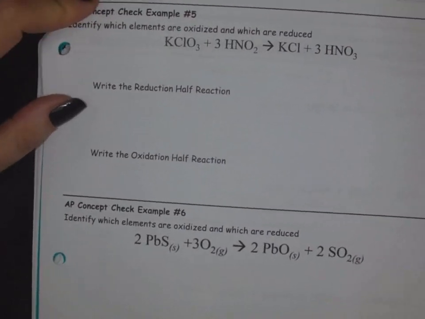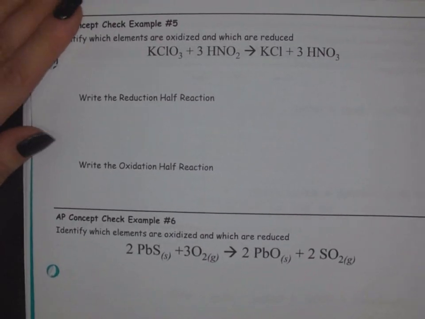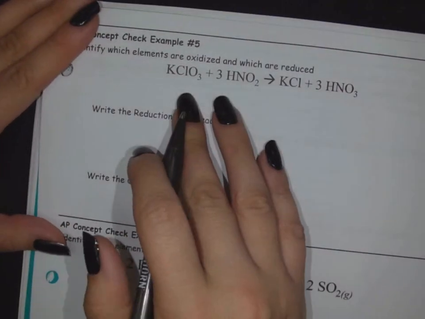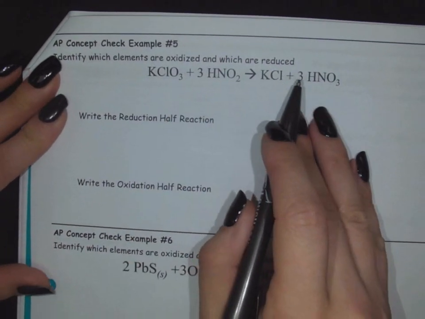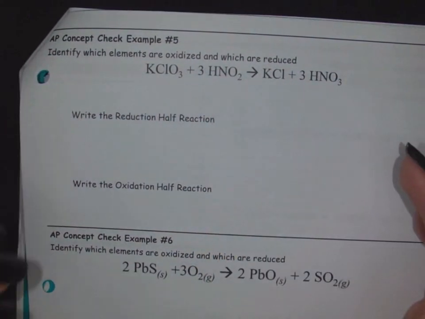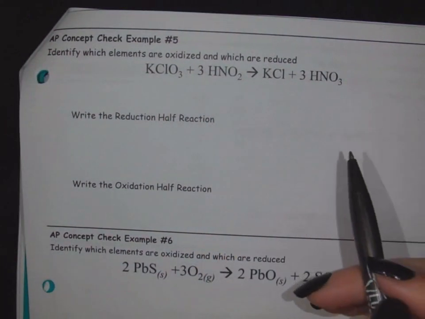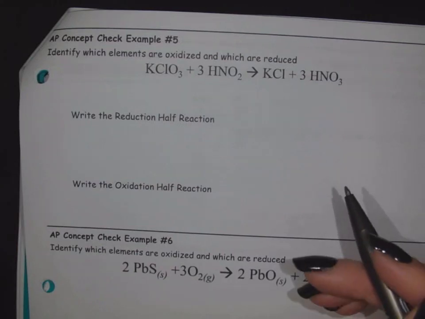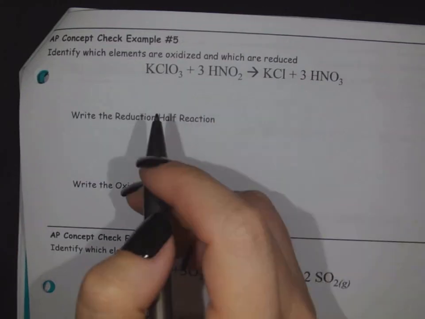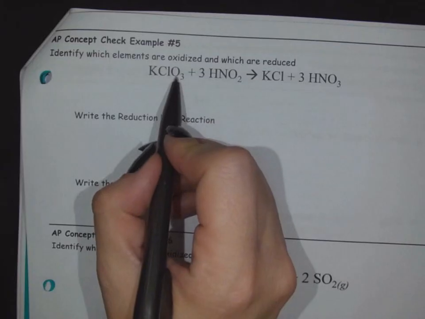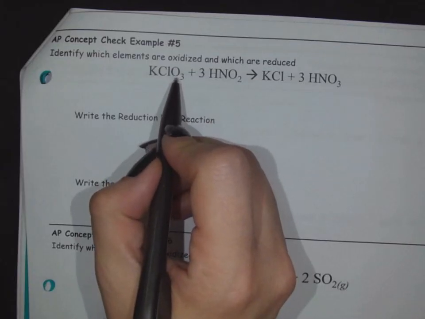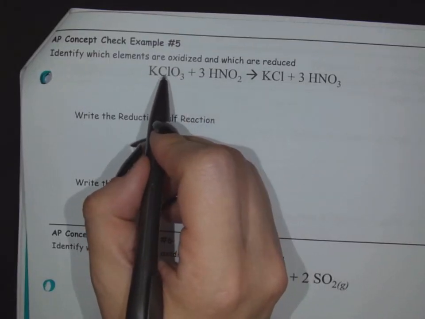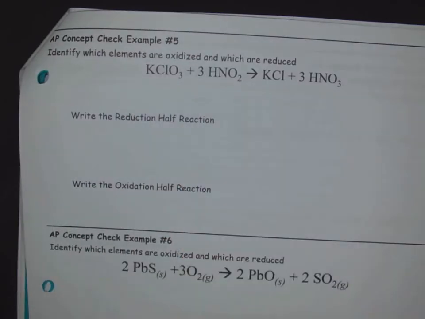Okay, we're going to do one more of these together. I'm going to decide what's oxidizing and what's reducing, and I need to do my oxidation numbers first to figure that out. So here we have oxygen, and it's combined with chlorine, and it's combined with potassium.